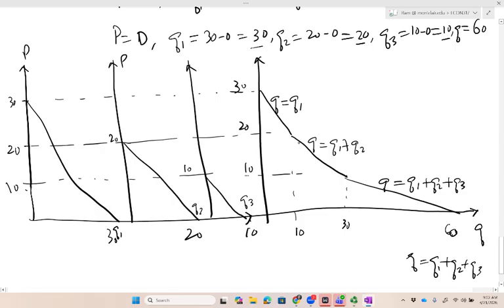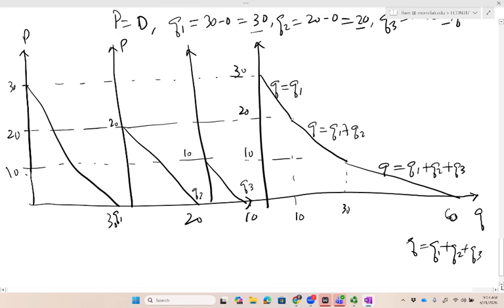You can also see as I add more and more buyers in this market, there will be a change in slope at each one of the points of kink, and this can lead us to a smooth downward sloping demand curve when we have a large number of buyers, which is typical in any market in the US.